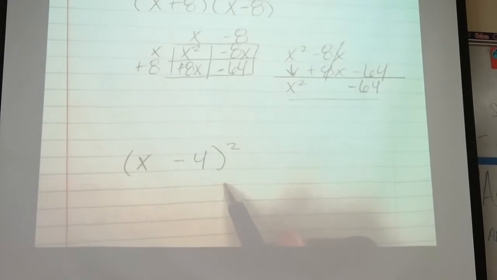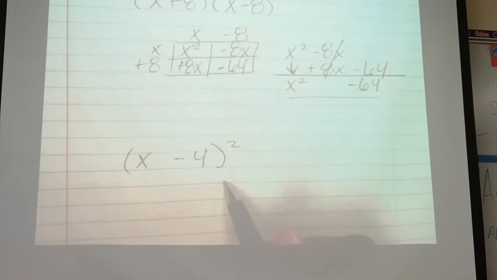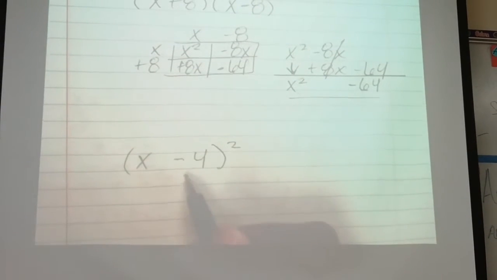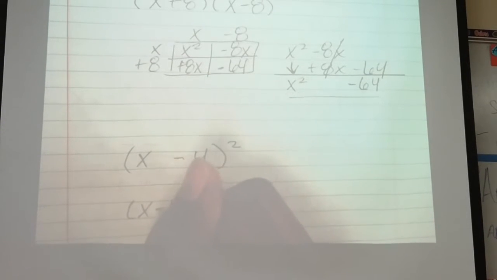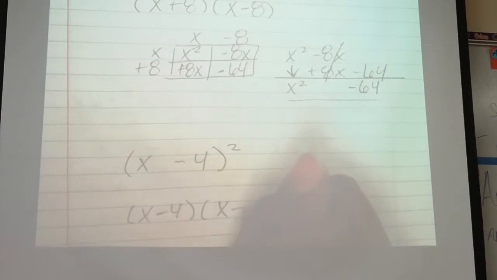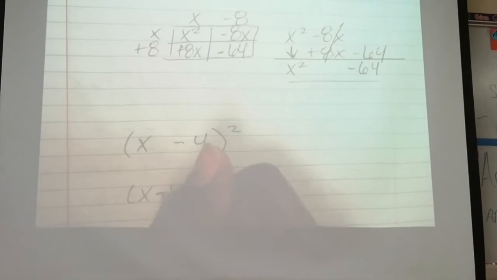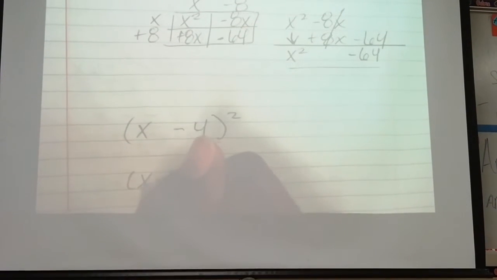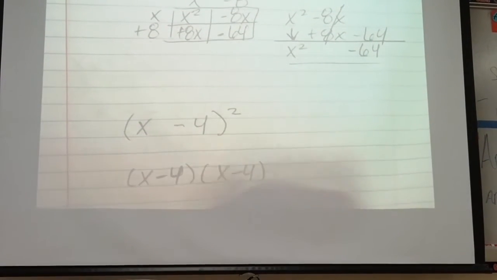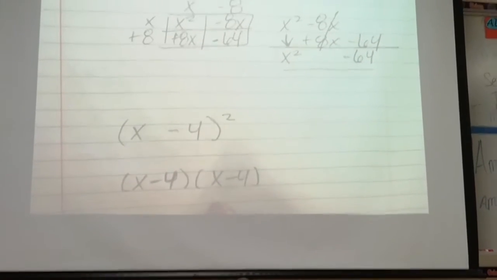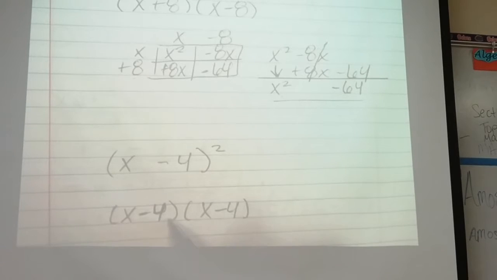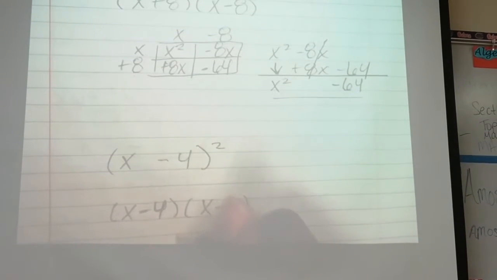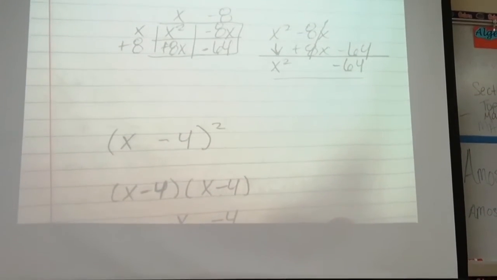X minus 4 squared. So this is the same thing as x minus 4 times x minus 4. So it will be side x minus 4, and then at the top, x minus 4.